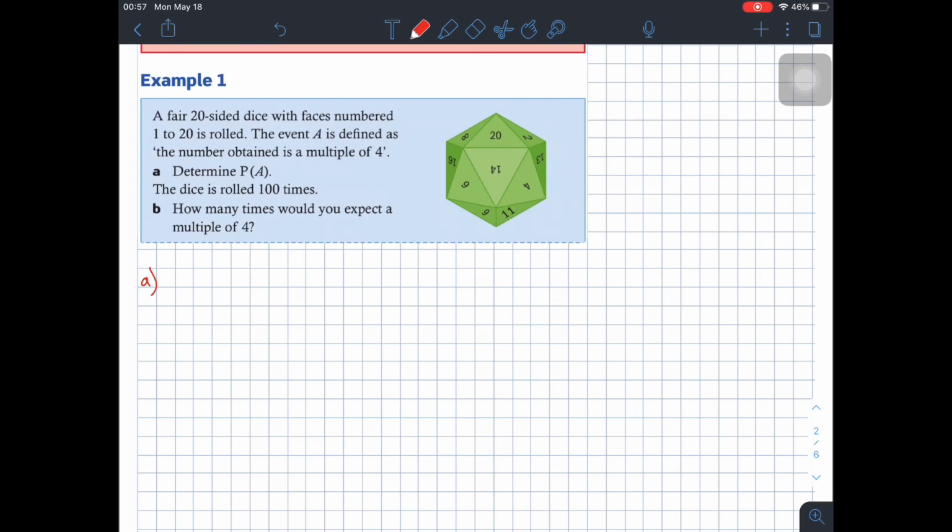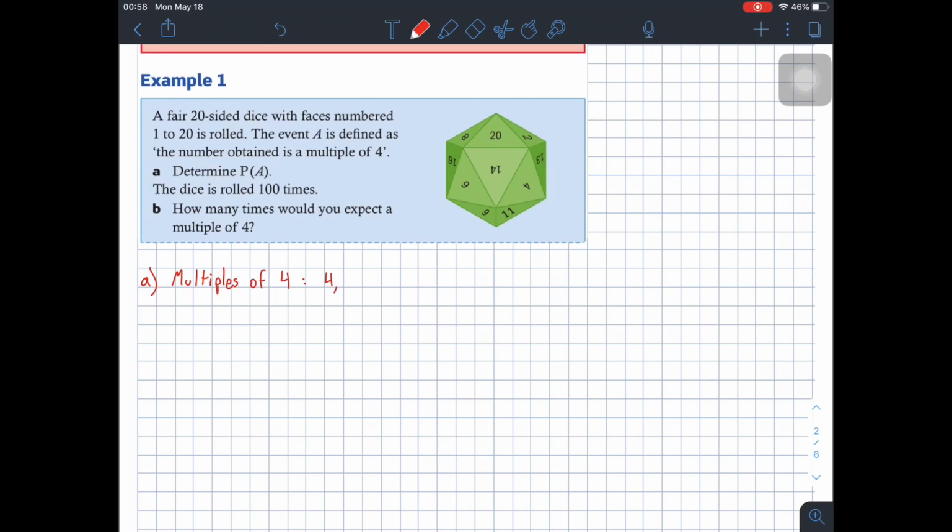So first of all, we need to define what is a multiple of 4. A multiple of 4 is any number that I can obtain by multiplying 4 times any other number, okay? So multiples of 4 would be 4 itself, because 4 times 1 is 4.